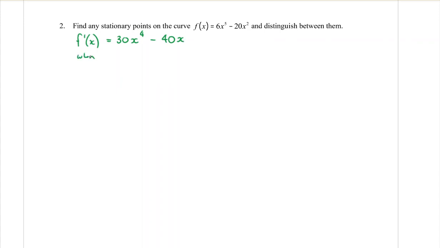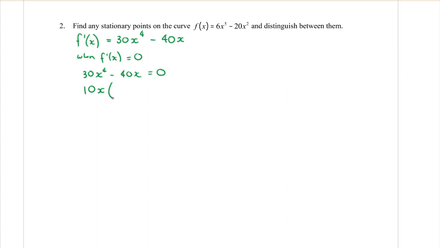Then I want to make my derivative equal to 0. So that means that 30x to the 4 minus 40x is equal to 0. And I solve it to find the x values. To do that, I'm going to have to factorize. So the two terms have a common factor of 10x that can come out the front.